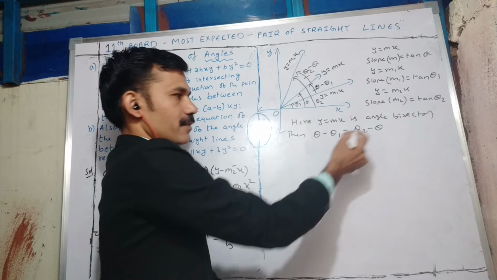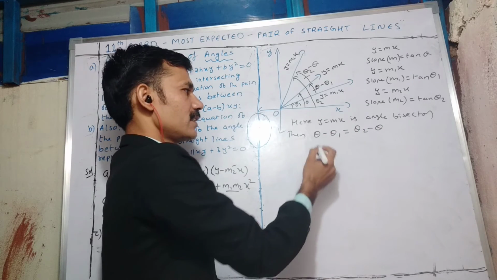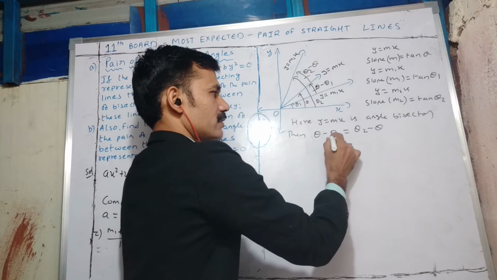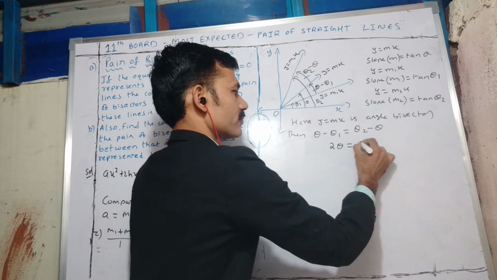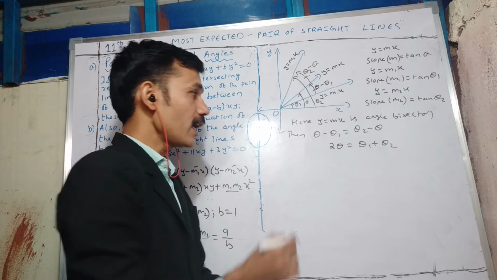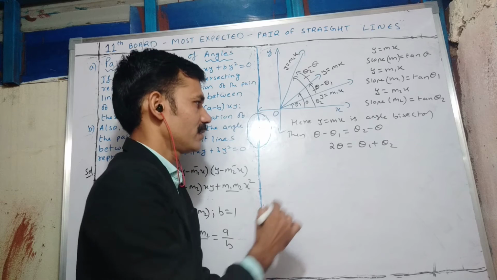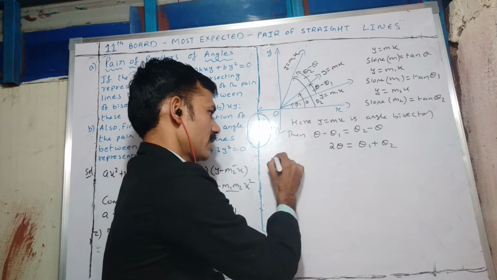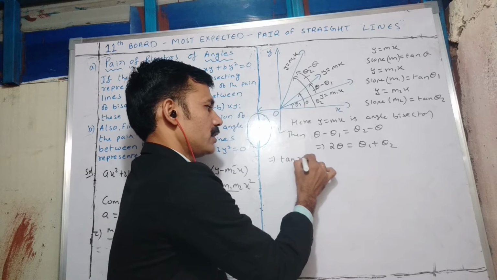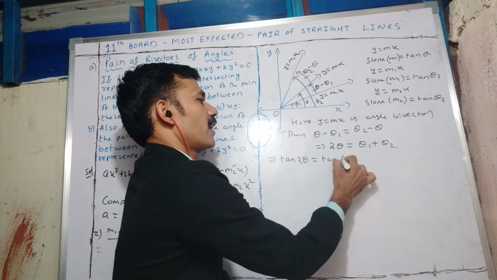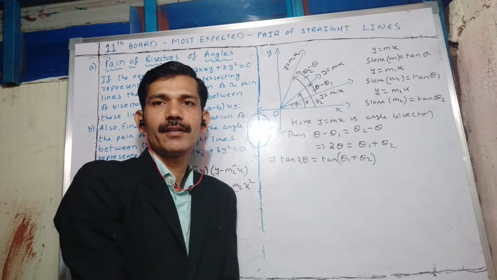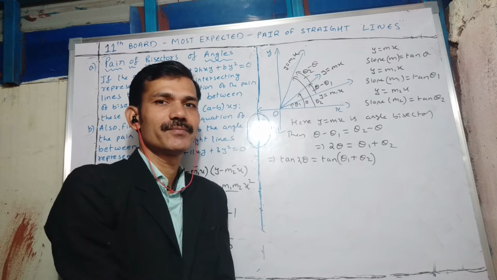Theta, you bring to one side; minus theta, if you bring this side, becomes plus theta. Theta plus theta, twice theta, will be equal to this; minus theta 1 you send that side, it will become plus. So we are having twice theta equal to theta 1 plus theta 2. Take tan on both sides now. If you take tan on both sides, we will have tan 2 theta equal to tan of theta 1 plus theta 2. Here we should know the tan A plus B formula.